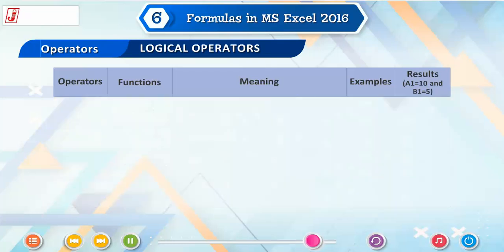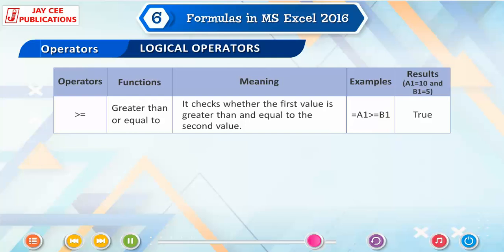Greater than or equal to checks whether the first value is greater than or equal to the second value: A1>=B1, true.